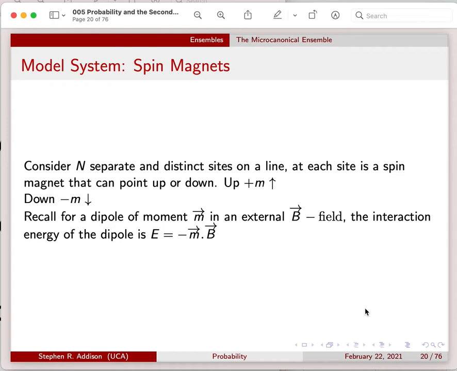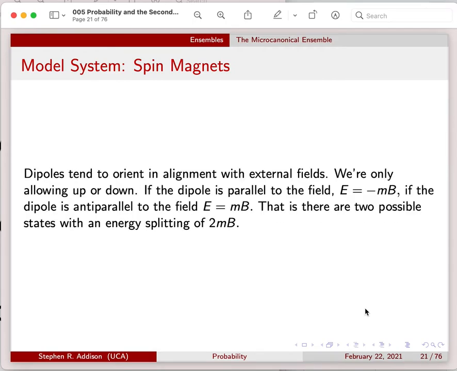And it turns out that for a dipole in an external field, which is what a simple magnet is, the interaction energy is minus the dipole moment dot product with the magnetic field B. Dipoles tend to align with external magnetic fields.